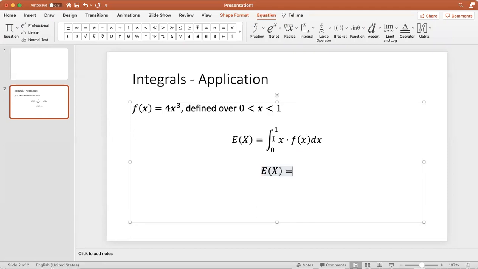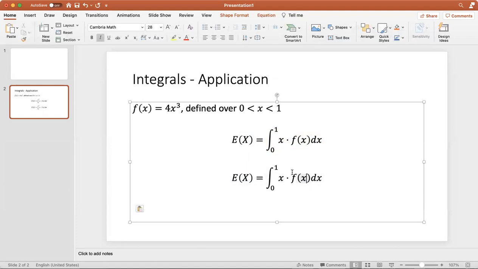It's just the integral of x times f of x. f of x is 4x cubed dx. Now this is not too complicated because we can just factor out 4, and then we can solve for the integral of the resulting function, which is x raised to the fourth.